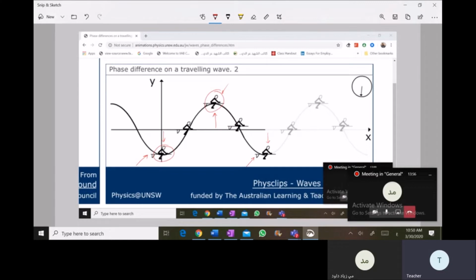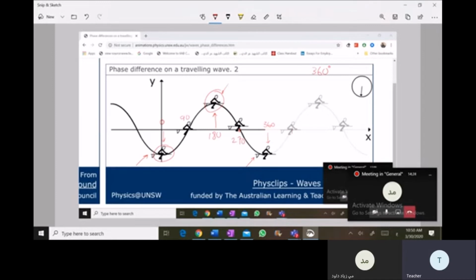So we also need a mathematical representation for this phase. So they use angles, 360 degrees, because the wave repeats itself every 360 degrees. They consider this as 0, this is 90, this is 180, this is 270, 360, again, and so on.